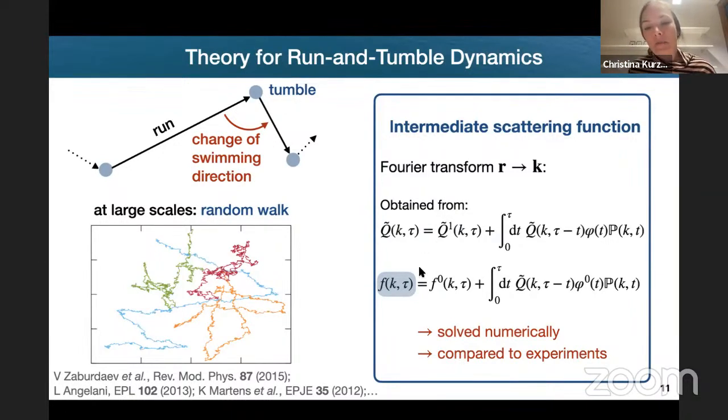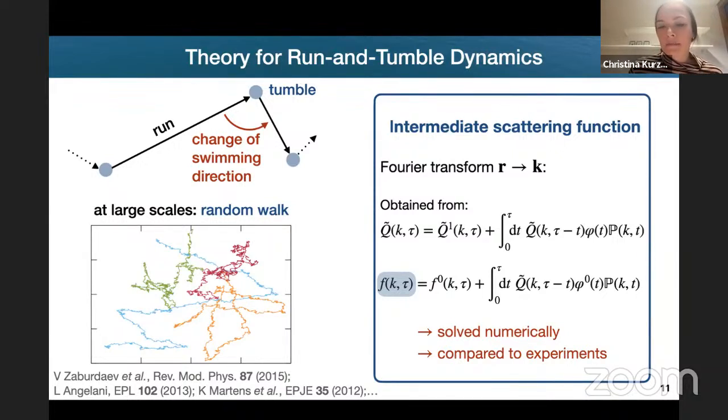Also important is that the equation for the probability to displace turns into an equation for the intermediate scattering function, and that's the one we are interested in. We solve these two equations numerically for different wave numbers, and we will then compare this to experiments.